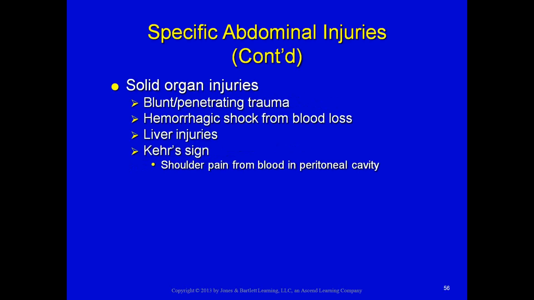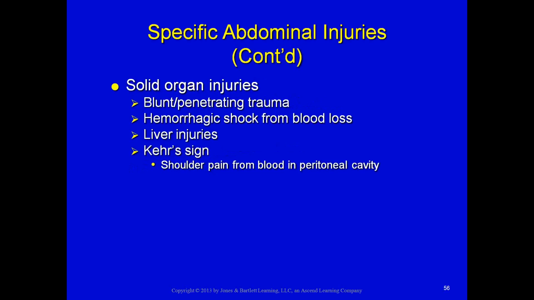Solid organ injuries, again, we had already mentioned, can be caused from blunt or penetrating trauma, and the hemorrhage may be significant enough to cause shock, particularly the liver injuries. And again, during a rapid deceleration, the ligamentum arteriosum or ligamentum teres, one or the other, I think it's ligamentum teres, holds the liver in place.